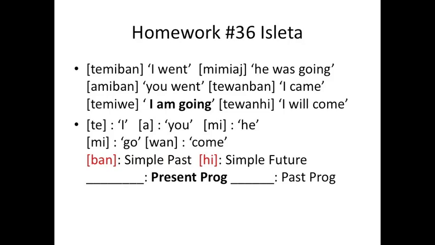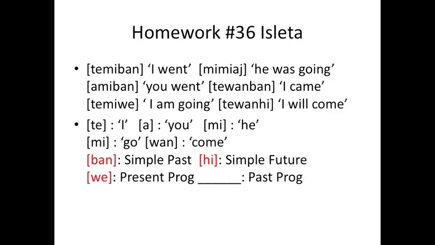So we look to see if there's any other, and it looks like that's the only example of present progressive in this data. So we look at what we have left when we compare what morphemes we already know. So we know that te is I, and we know that me is go, so those are accounted for. And we have we left, so we must be the present progressive. So we put down we as present progressive.